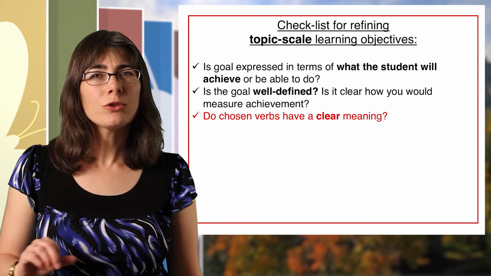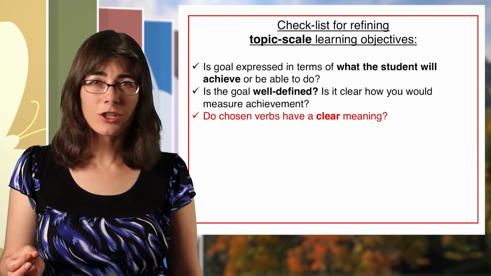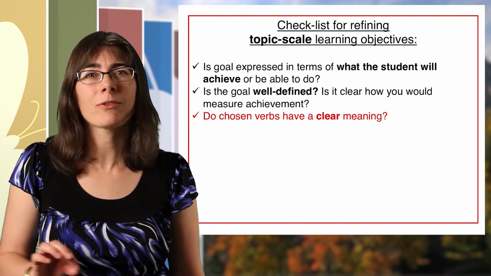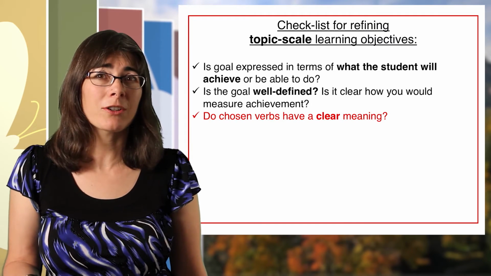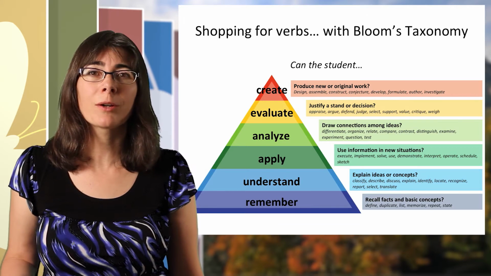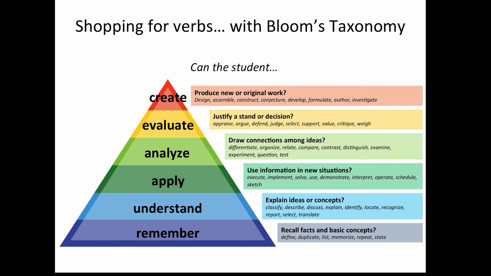If you use the word understand in your objectives, it's not really that clear. Lots of different people might mean different things by the word understand. So I often use Bloom's taxonomy to actually shop for verbs. You can see here that each level of Bloom's taxonomy has some verbs that are commonly associated with that level.